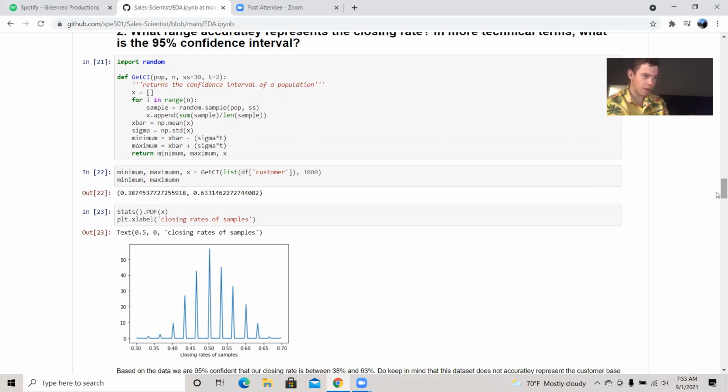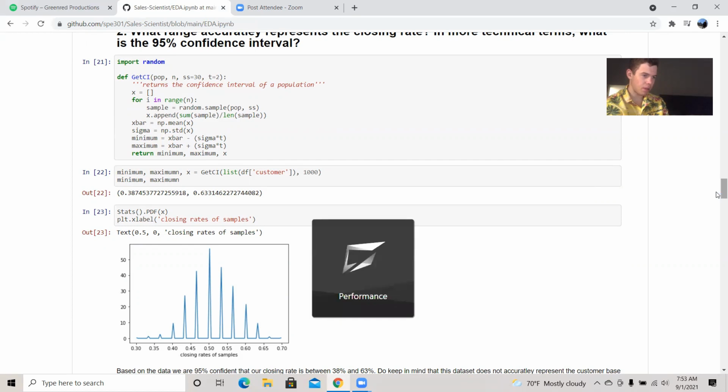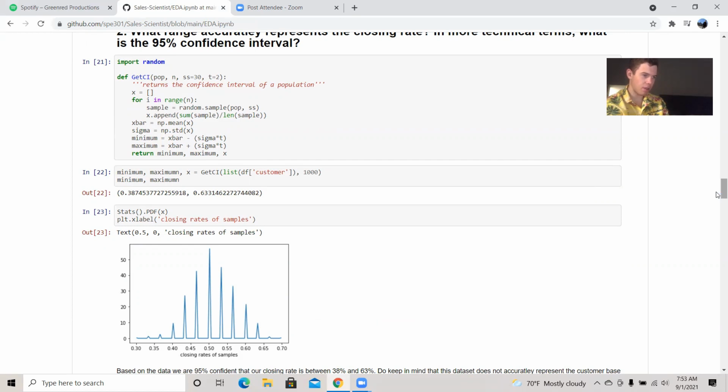And you take the mean, the average of each sample, and then you form a distribution, and you take everything that's within a certain number of standard deviations of the mean, like 2 standard deviations of the mean. That way you get a 95% confidence interval.